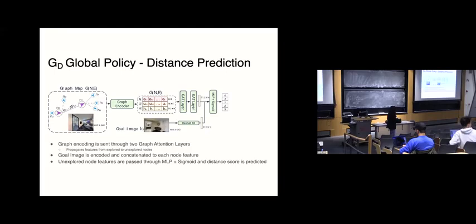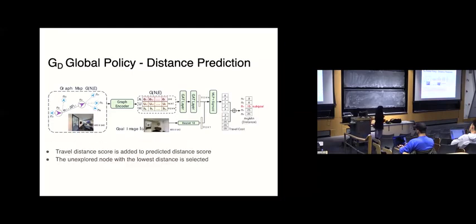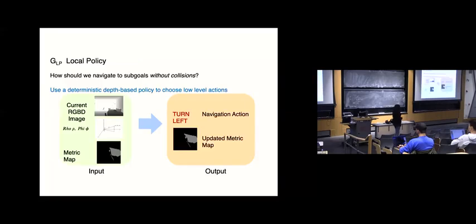And then given the goal and so on, you can compute for each node how far away it is from the goal. Each one of them, you can also compute how many steps away it is from where you are right now, and you add these two. So how many steps I need to go to the hallucinated waypoint, and how far this hallucinated point is from the goal based on my estimation.